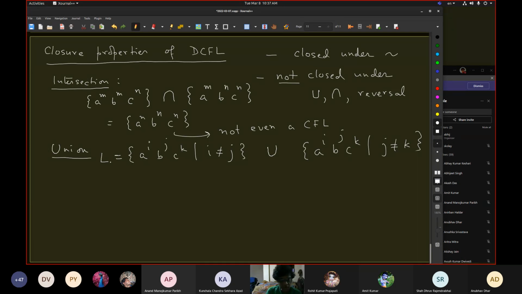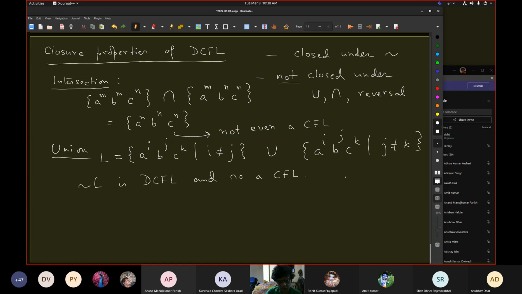So I assume that L is deterministic context-free. Then in particular, deterministic context-free languages are closed under complement, so the complement of L is also DCFL. And if I intersect a context-free language with a regular language, I get again a context-free language.